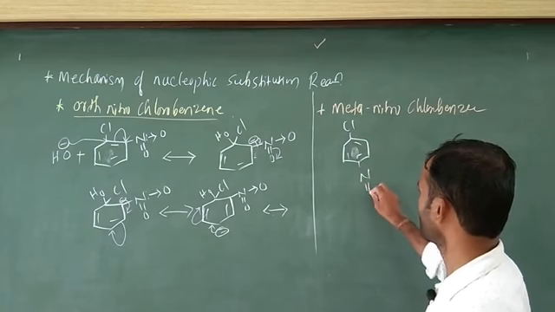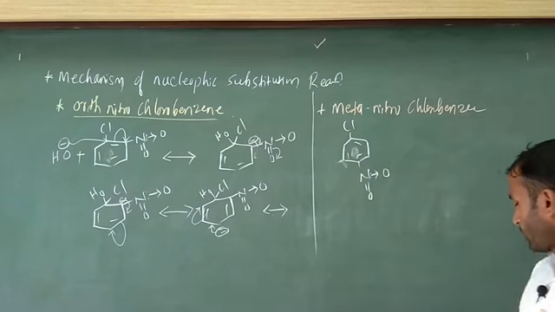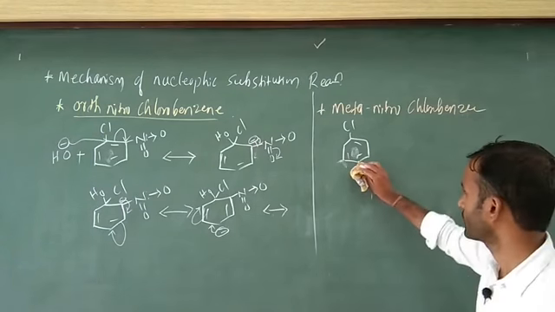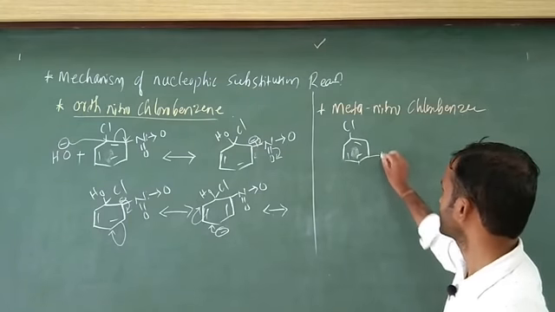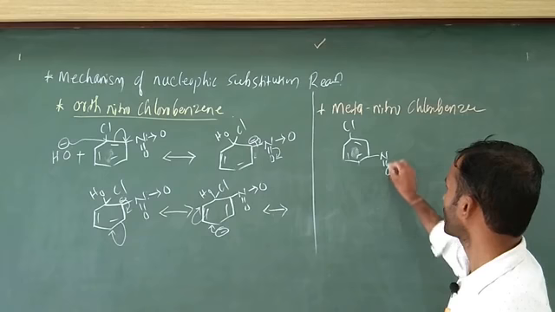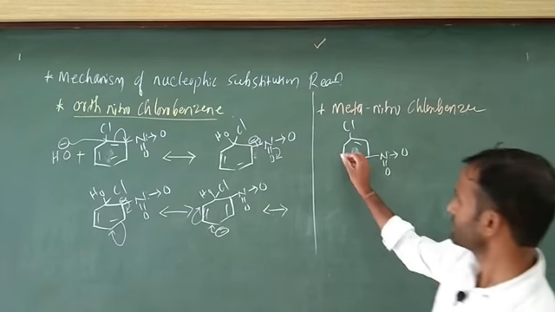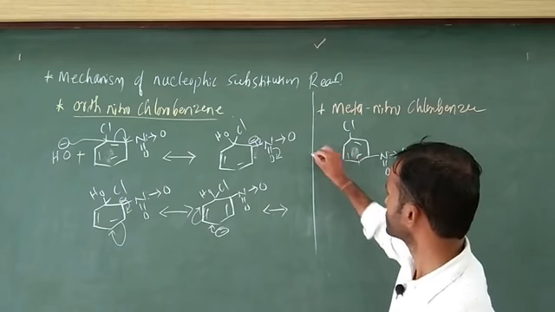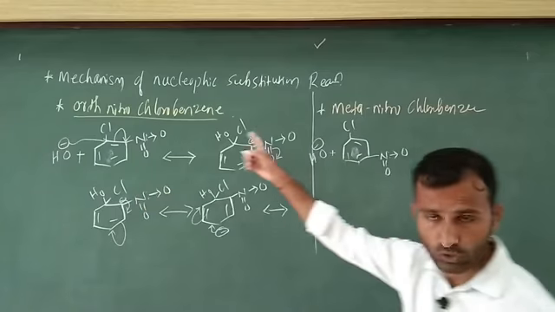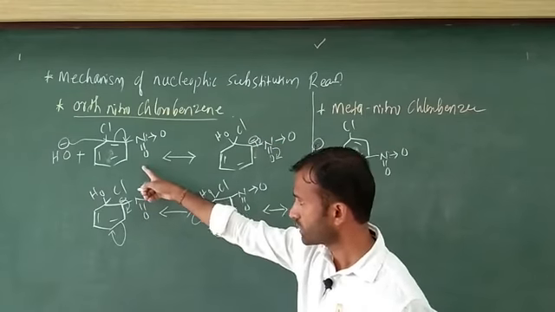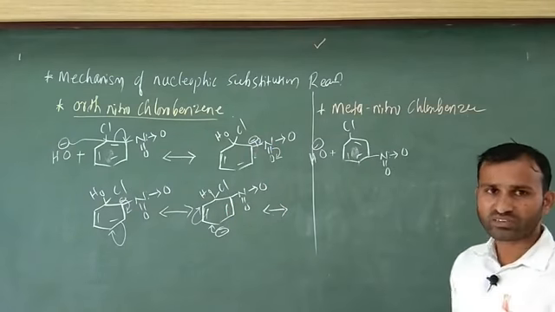In this case N double bond O, and next one is oxygen. Right. Next, in this case our aim is OH minus. OH minus acts as a nucleophile. Like the para case, you have to take meta-nitrochlorobenzene, then add OH minus, acting as a nucleophile, and finally you are going to get a result.